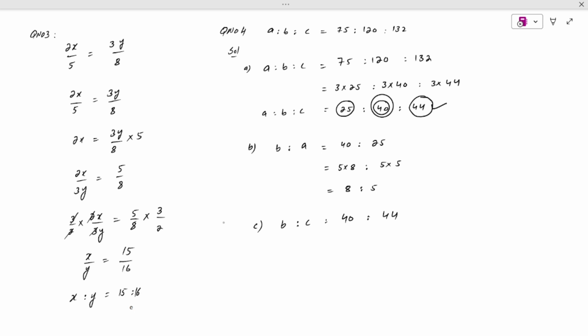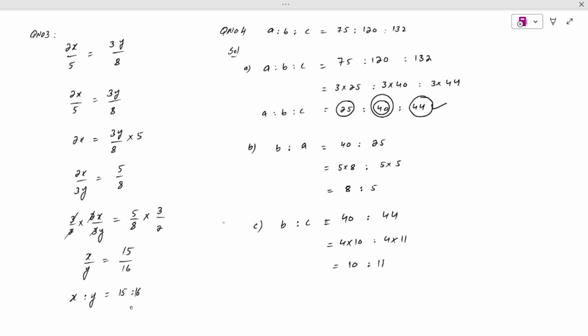Using the table of 4, we can simplify this ratio: it can be written as 4 times 10 and 4 times 11, which is equal to 44. Cancelling 4, we get 10 ratio 11. This is the value of B ratio C, and this was question number 4.